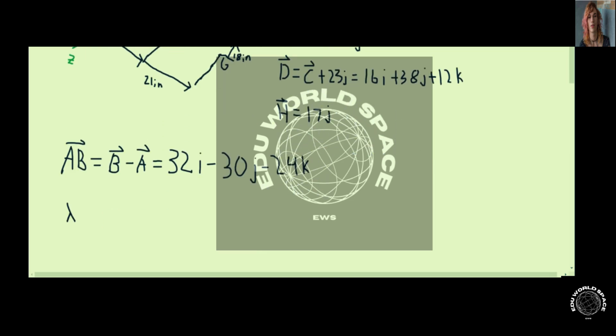And the unit vector of AB is equal to the AB vector divided by its magnitude.